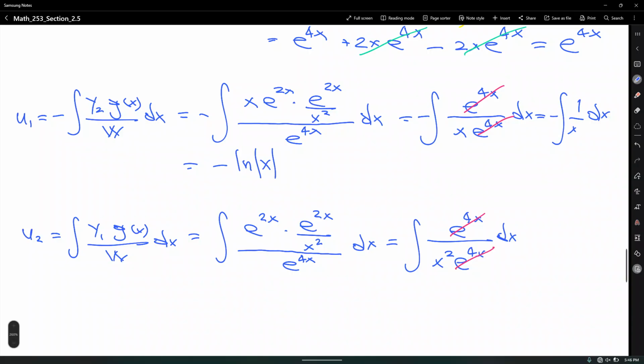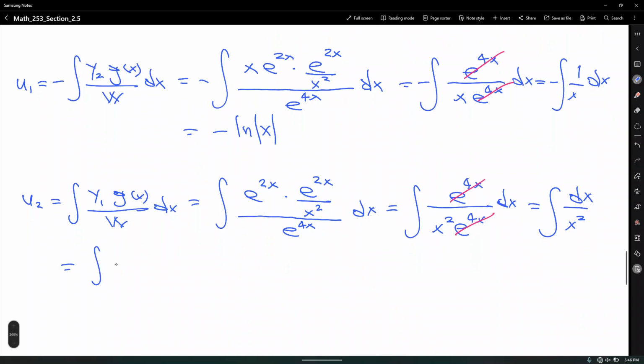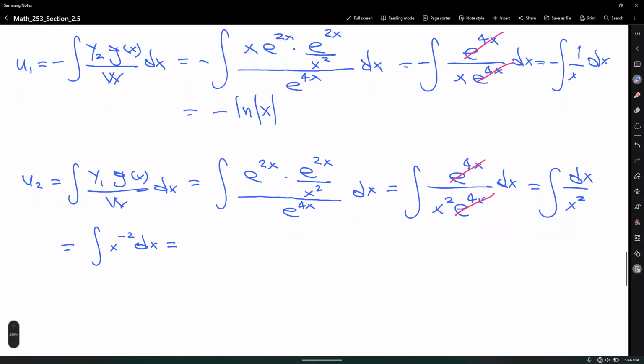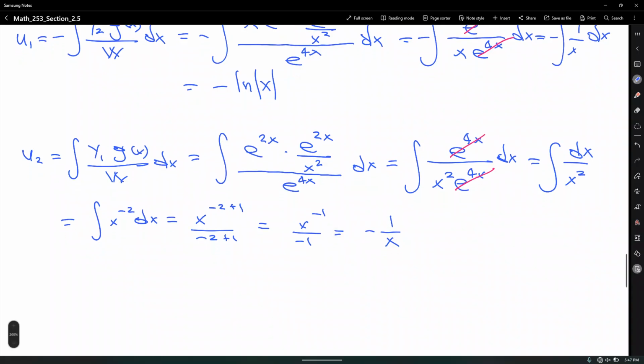We can't integrate x squared in the denominator directly, however, we can use the general power rule with the negative exponent. The integral of x to the negative 2 is x to the negative 2 plus 1 over negative 2 plus 1, which is x to the negative 1 over negative 1, which is negative 1 over x. So we have two negative results for u1 and u2. And again, we're pretty much done.